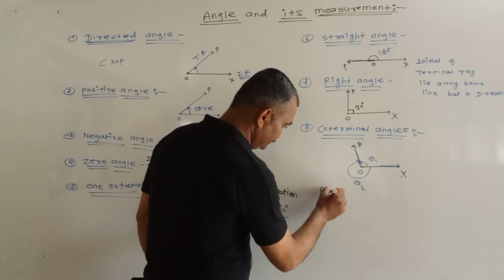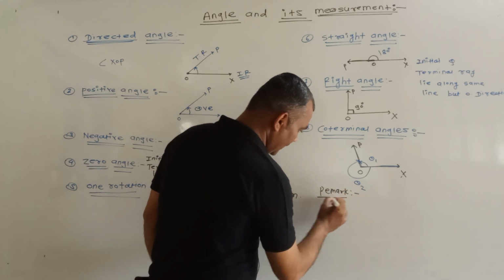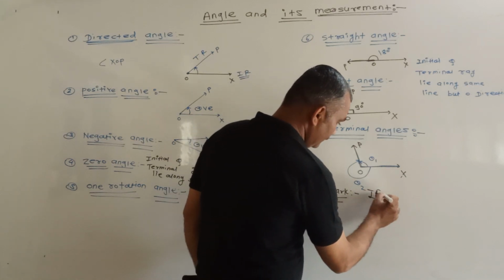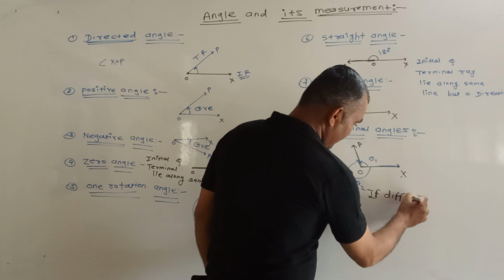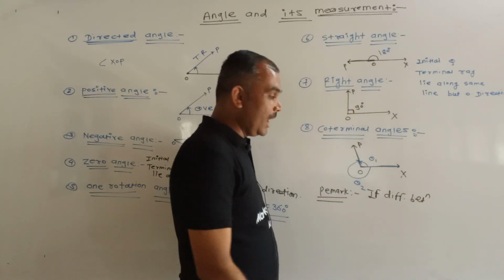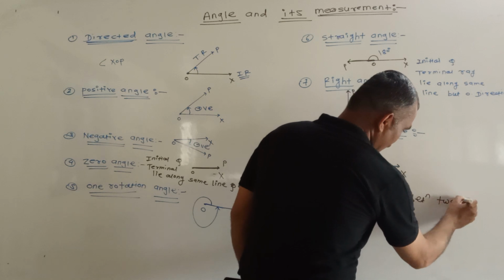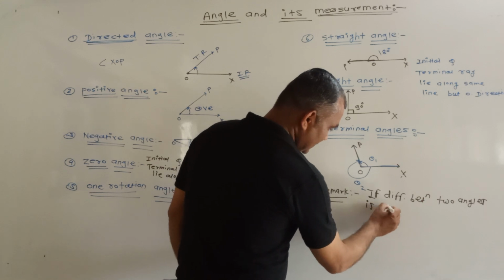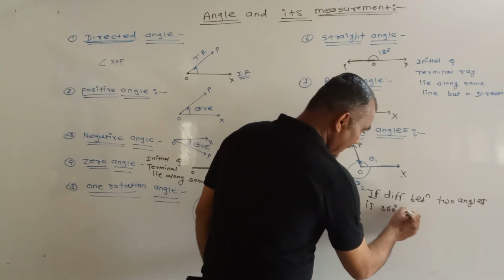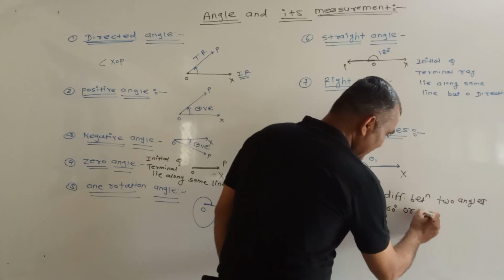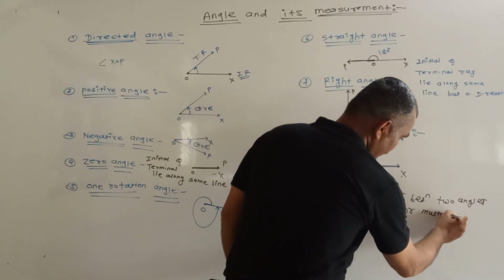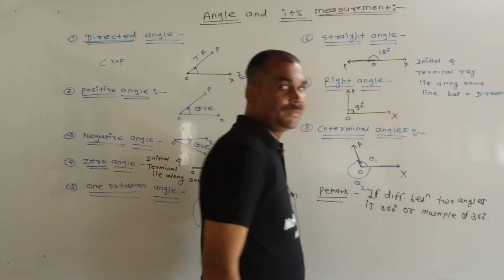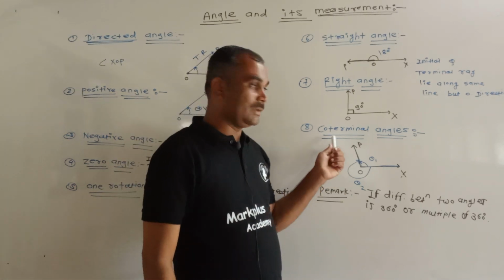have to use some results or a remark: if the difference between two angles is 360 degree or multiple of 360 degree, then these two angles are called as coterminal angles.